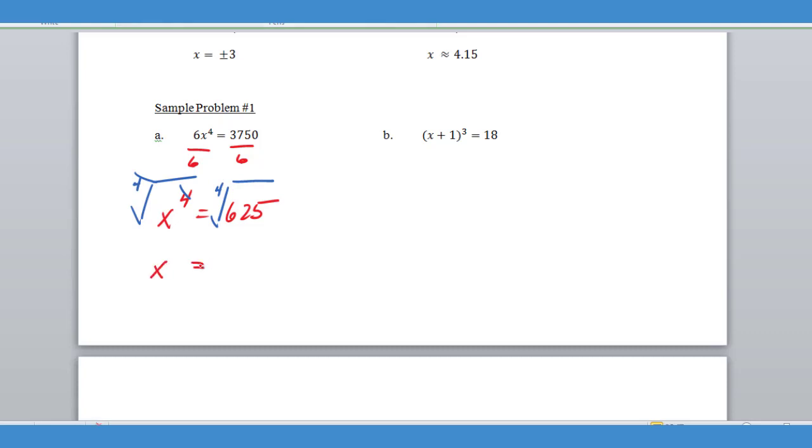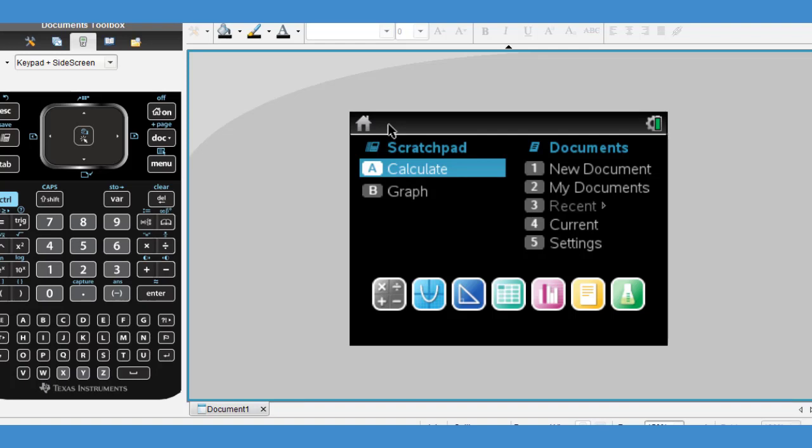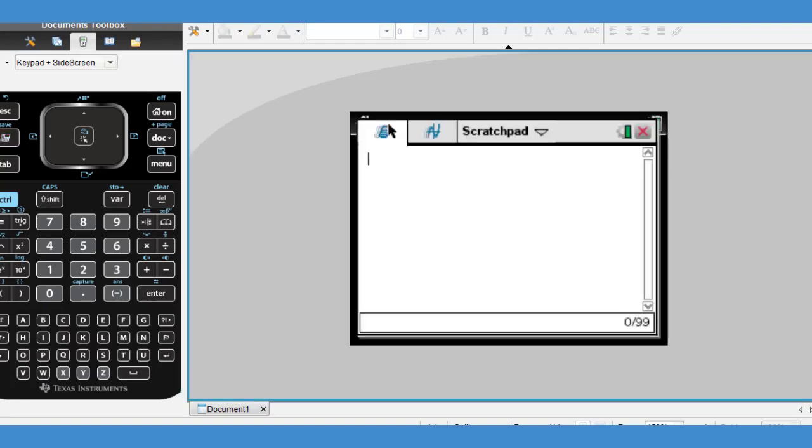Now, at this point, you probably don't know the fourth root of 625, and hopefully you will start to learn some of these more common roots and powers higher than a square root. So at this point, you could probably just simply use your calculator. So if I go to my calculator, I can use the root function, and if you look over here to the left side of the 4, you can see they have an n with a radical and an x.